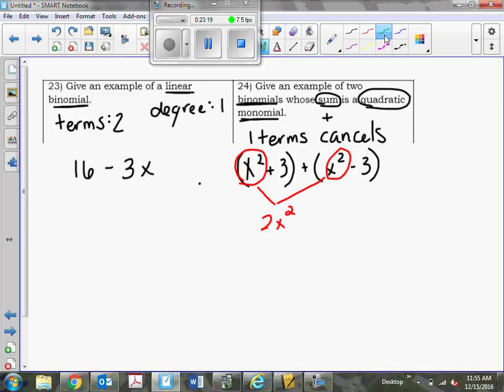But 3 and negative 3 will end up canceling, so I wouldn't write them in my answer. So the only answer that I would have for this one would be 2x squared. Well, 2x squared is a quadratic monomial, so this is a great example of 2 binomials whose sum is a quadratic monomial.